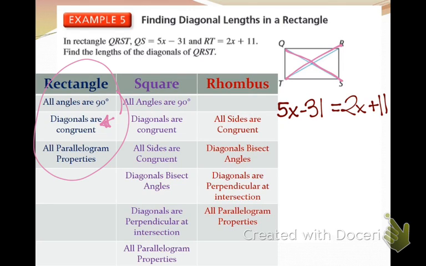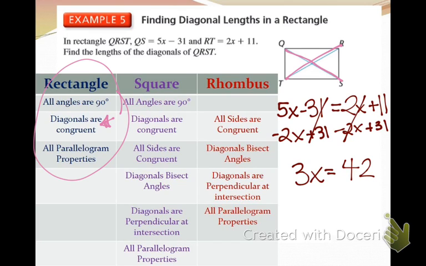All right, so I always move the smallest x first. What's the smallest x here? 2x. Subtract 2x, which means we're going to add 31. So 3x equals 42. Divide by 3. X equals 14.